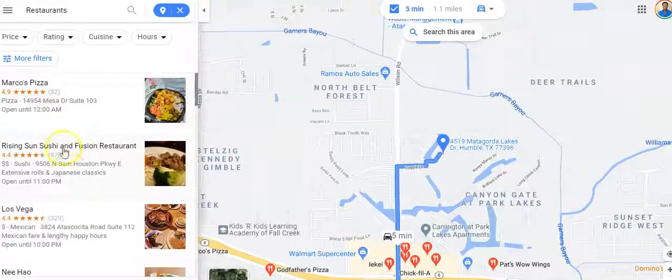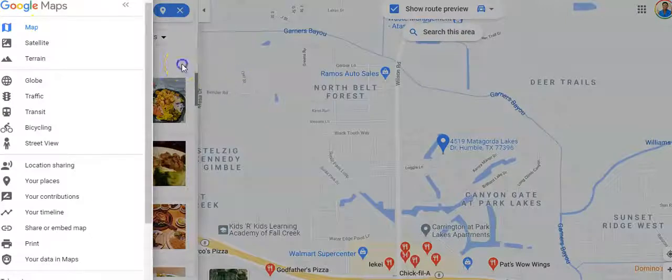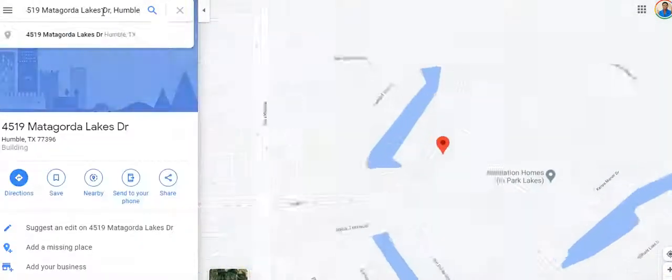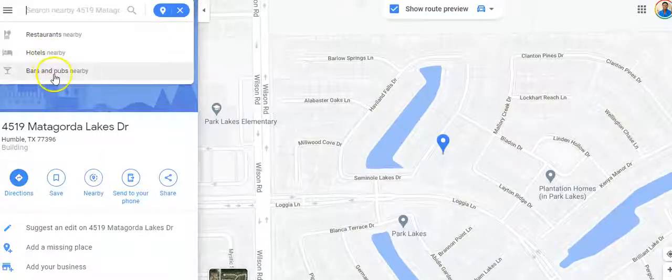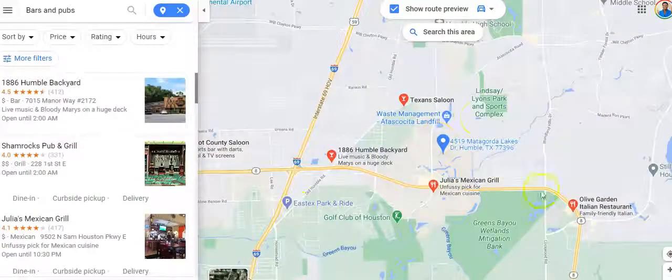And it'll give you a list of different restaurants that are nearby. You can also do nearby and do bars and pubs, different features that you can use just to get very familiar with the area. So you want to make sure that you click on that feature so that you can see what's nearby the property.